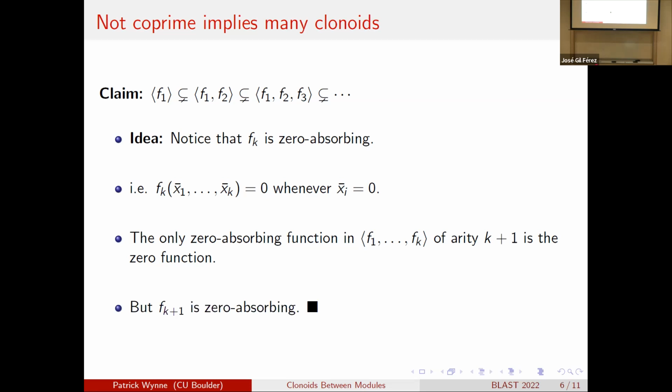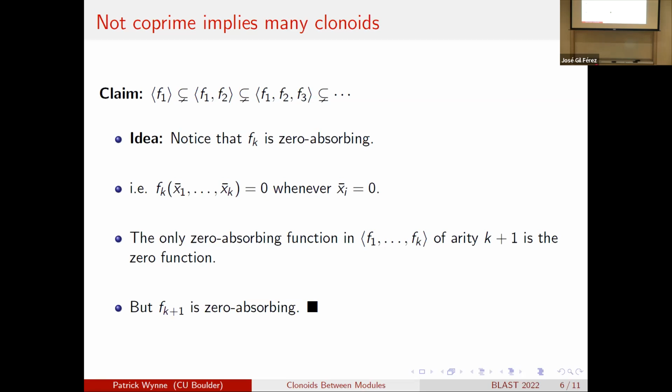But the function f_{k+1} is zero absorbing, so the clonoid generated by f1 up to f_k doesn't produce any zero absorbing functions. If we toss in f_{k+1}, we get a strictly bigger clonoid. That shows this chain is a strictly increasing chain of clonoids.